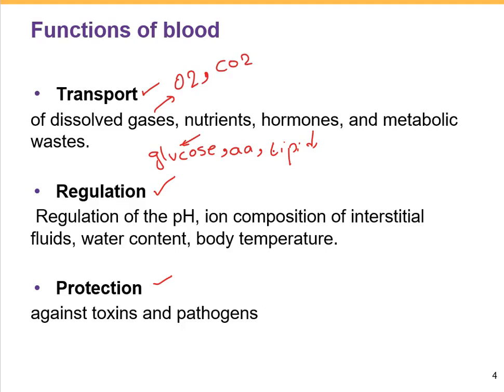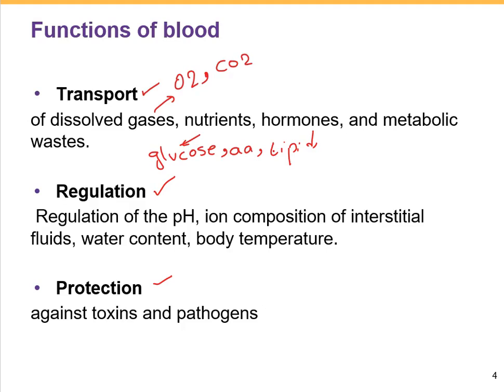The regulation job of blood plays a vital role in maintaining homeostasis. It can regulate the pH level by carrying buffers that prevent drastic changes in acidity or alkalinity.